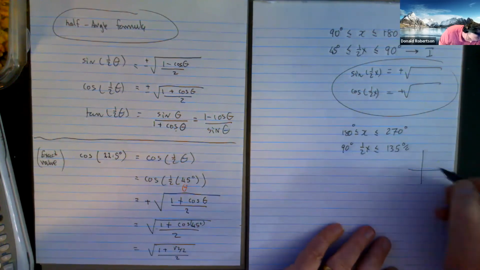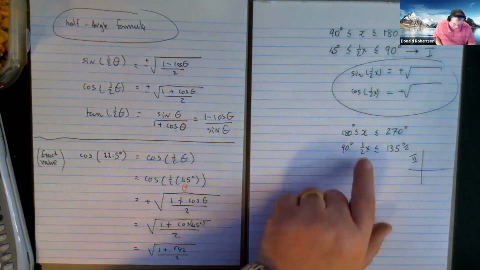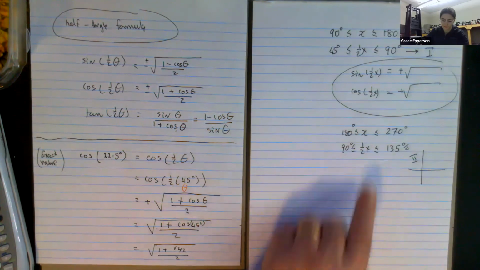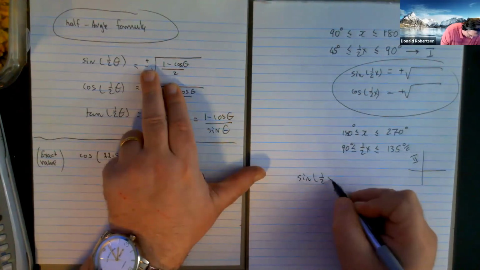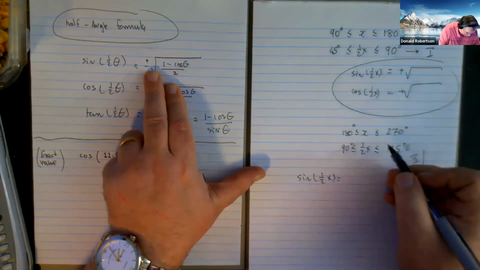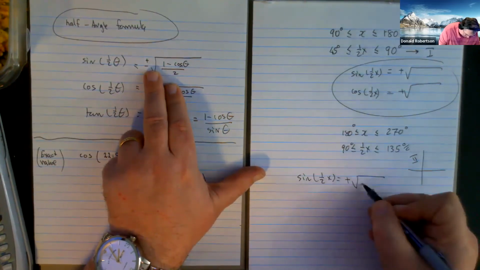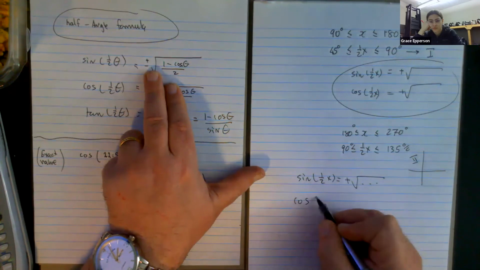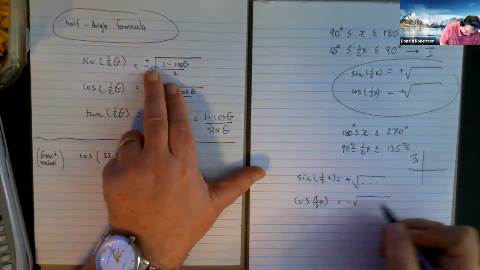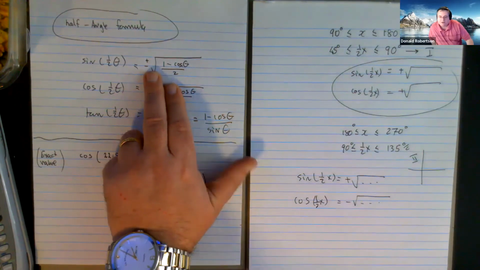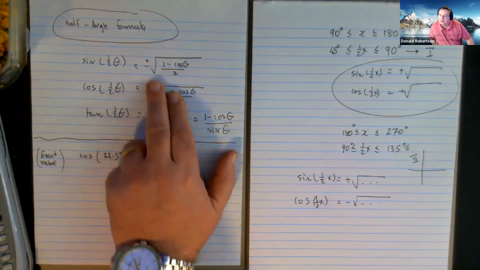And if I look at that, isn't that going to be in the second quadrant, that angle? Yes. So if I'm using a sine, in the second quadrant the sine is positive. But if I'm trying to find the cosine, isn't the cosine negative in the same quadrant? So that's how I decide plus or minus in that situation.